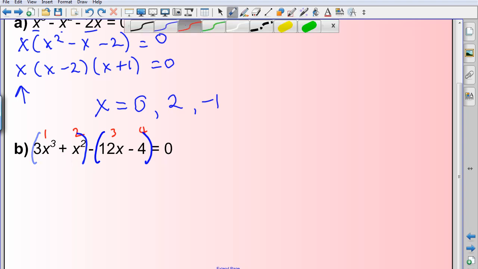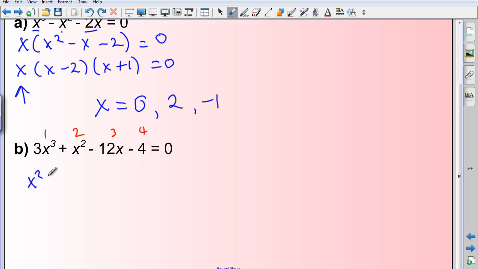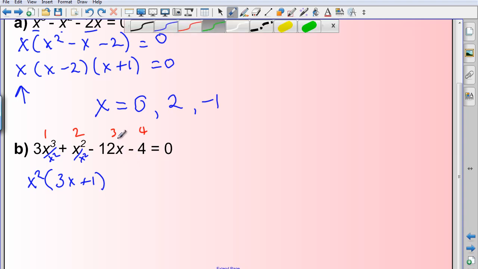I do notice that I can factor out an x squared from the first 2 terms, and it's like you're dividing each of the first 2 terms by x squared, so I'm left with 3x plus 1. And the last 2 terms, I can factor out a negative 4 from both of these. If I factor out that negative 4, I end up with 3x plus 1.